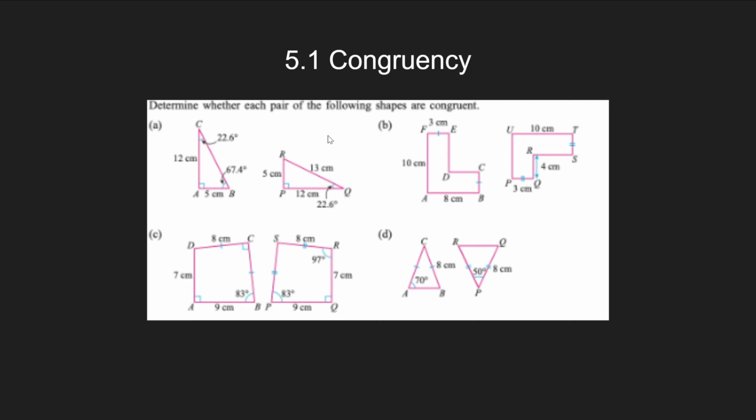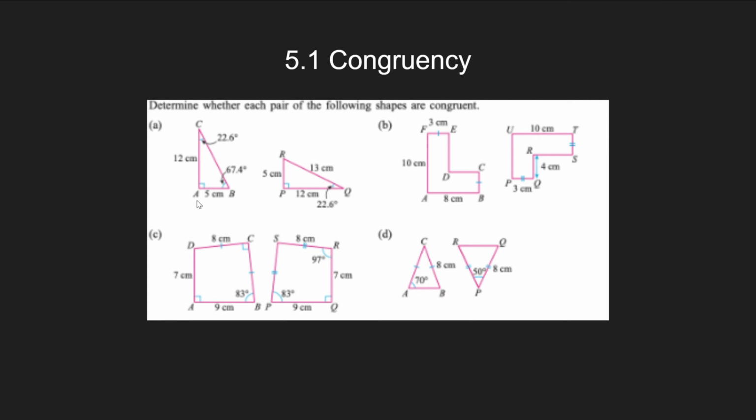So the first question, determine whether each pair of the following shapes are congruent. For the first question A, you can see that you need to find the length of BC. How to find the length?